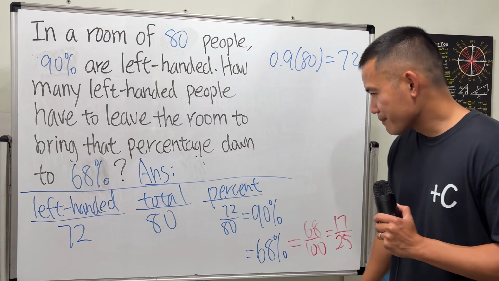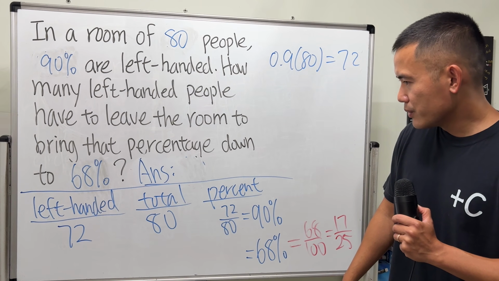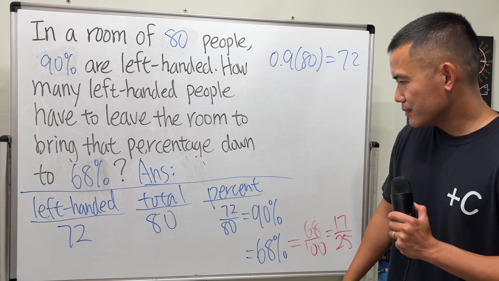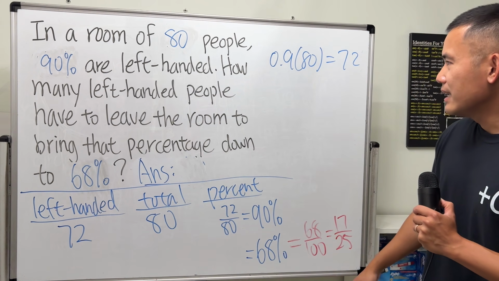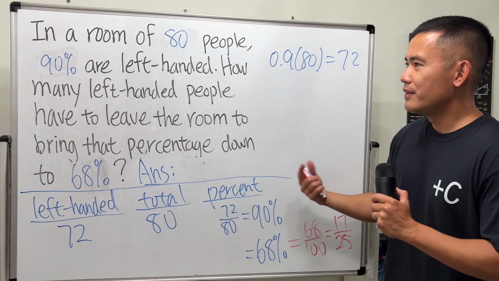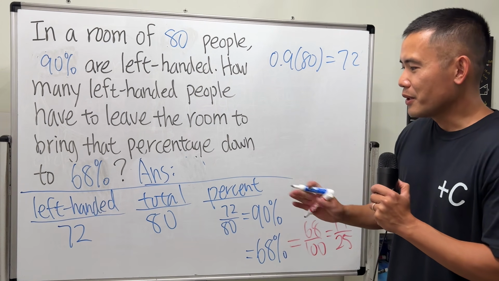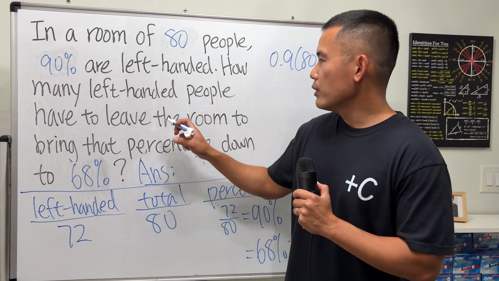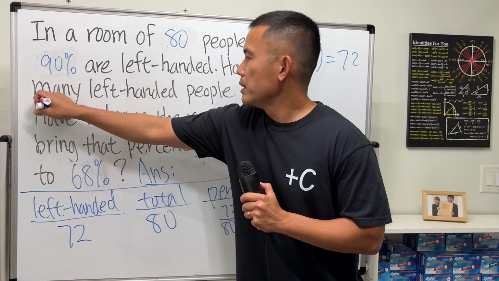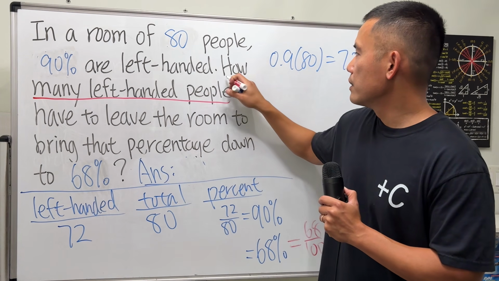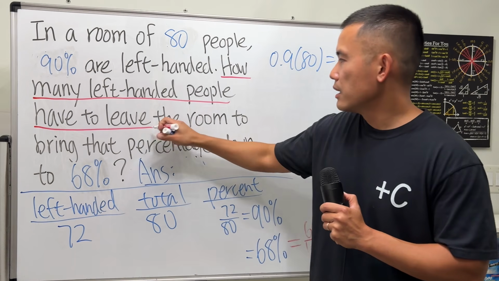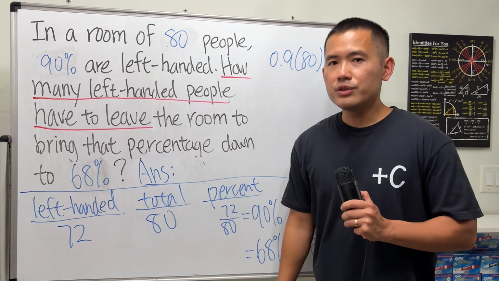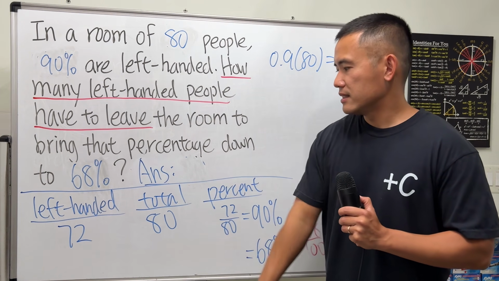And we're trying to get to, well, it might be much harder to think about, right? So let's go ahead and set an equation. Because we do not know how many left-handed people we have to remove, right? That's the question. I will call that x.